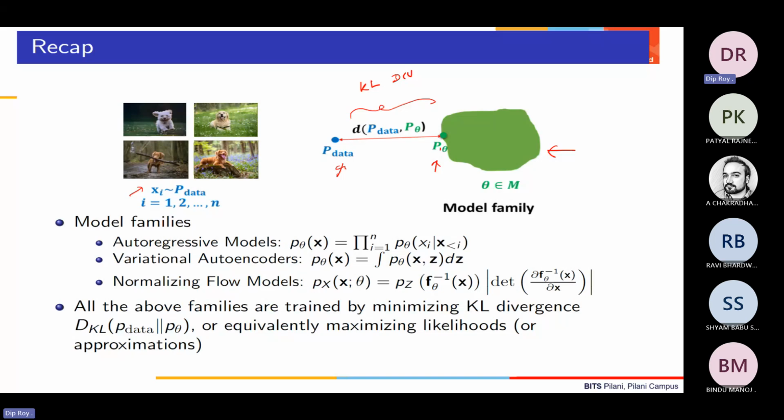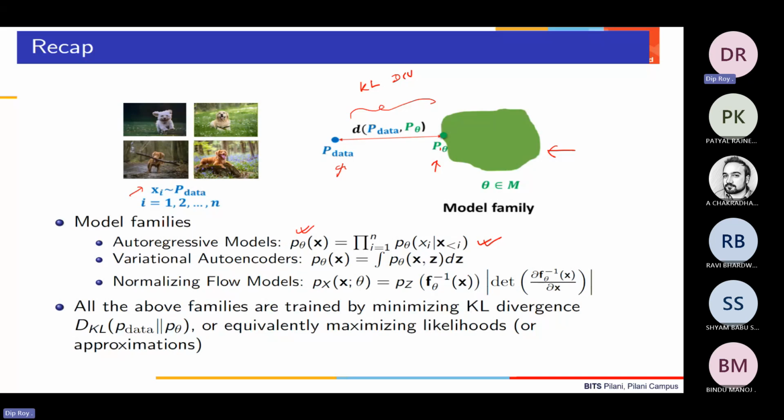Let's build up the story a little bit. The first class of models that we saw was autoregressive models, which are sequential in nature, and the probability density is represented by the chain rule, which is a product of the conditionals.